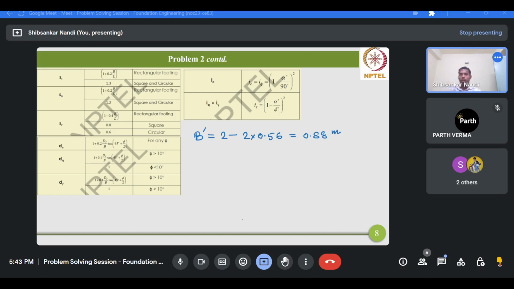Now, this modified width you need to consider for the calculation of all the shape factors and depth factors, as mentioned in this table.